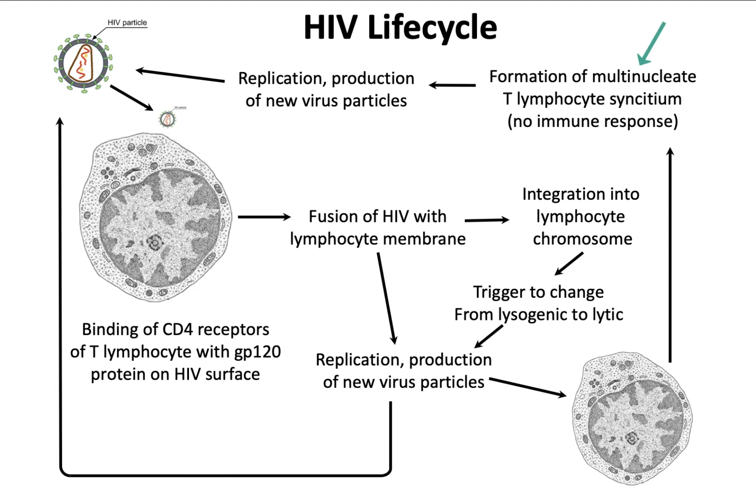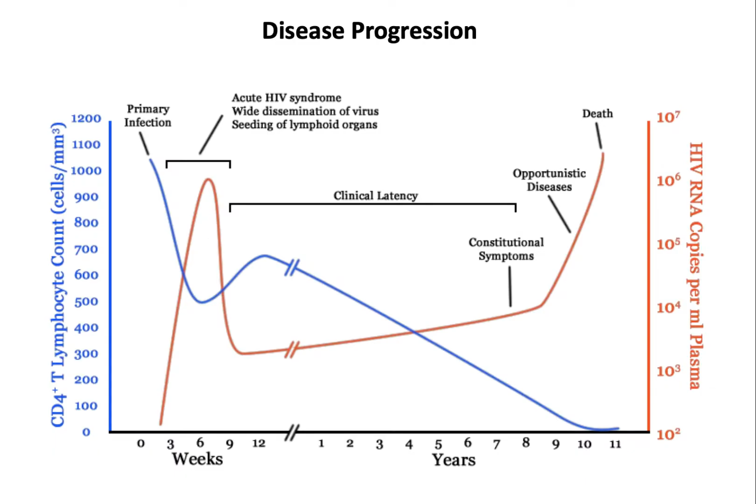So from the syncytium, it becomes more or less a virus factory, producing more and more virus particles, and those go on to infect more and more T cells, which are a central part of the acquired immune response.